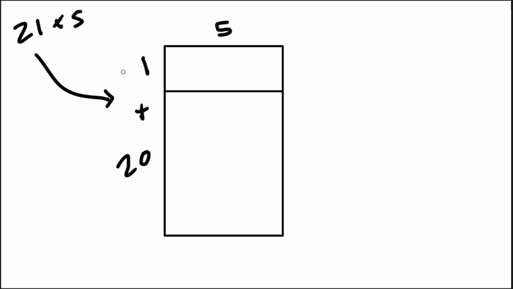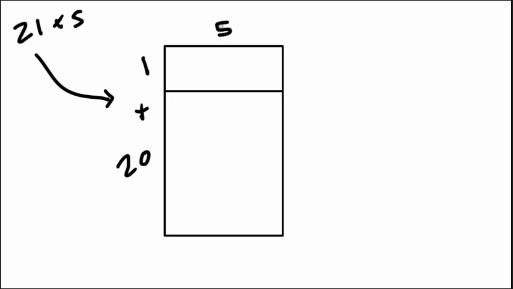Well, if this is 1, and these are 5 across, and this is 20 sets of 5, this is what the area model says. It's still 21 times 5, because if we add these two sides, we still have 21. See, that's representative of that.